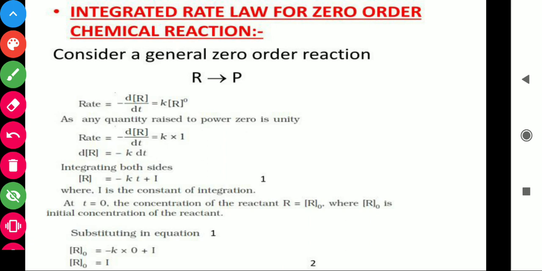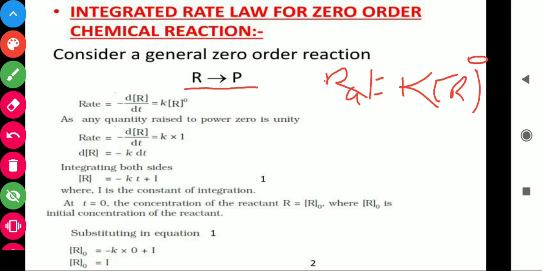The first one: consider a zero order reaction. R gives P, here R for reactant and P for product. And we very well know now how we will write rate. If I want to talk about the rate law expression, then rate is equal to k R to the power 0.